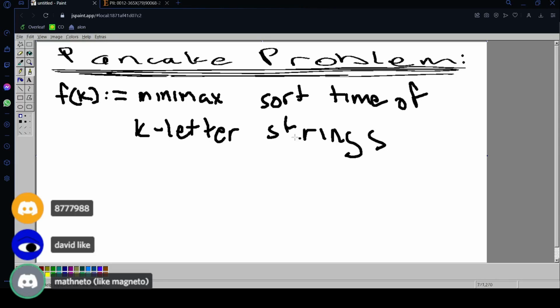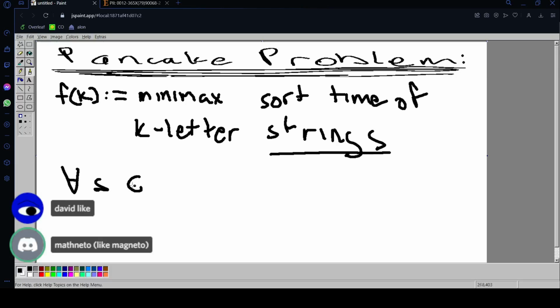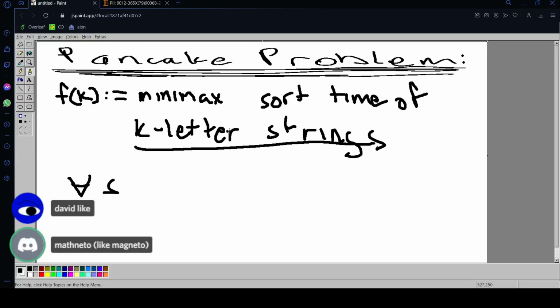Which basically just means, for any string which is an arrangement of k letters, I can use at most f of k prefix reversals to get it to the identity, or to sort it.